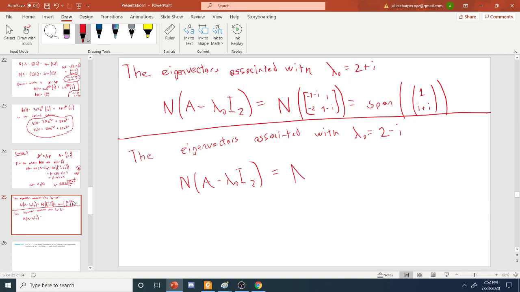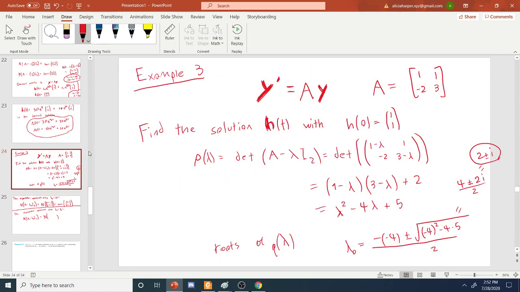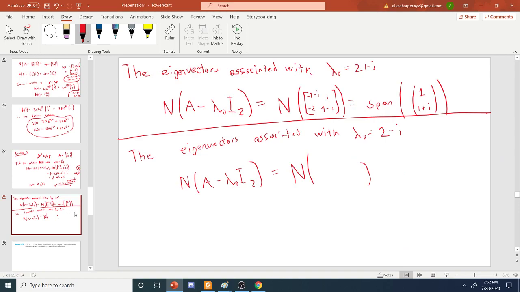This will be equal to the null space of, so I have to subtract this lambda naught from 1 and from 3. So I would get negative 1 plus i and 1 plus i. And here I would keep my 1 and my negative 2.